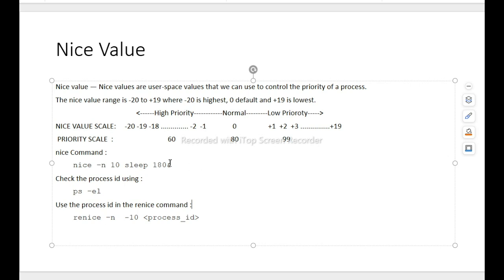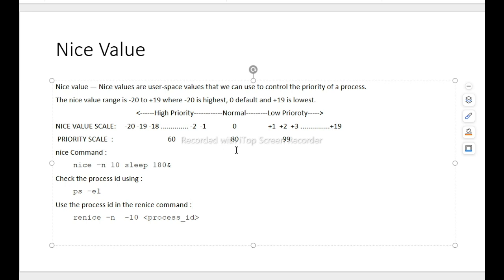Now let us discuss nice values. Nice values are the user space values that can be used to control the priority of the processes. A user can change the priority of the user processes.